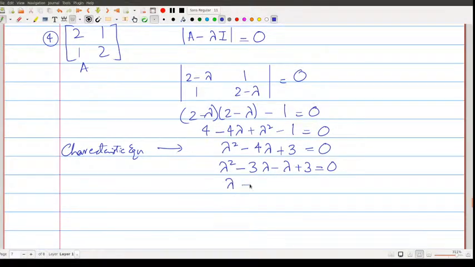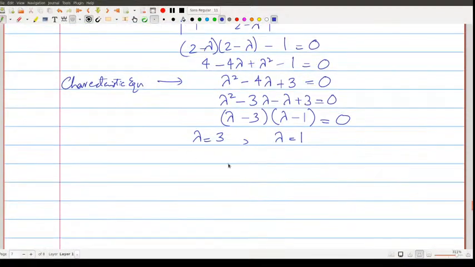I get factors (lambda minus 3) and (lambda minus 1), I believe that's the correct factorization. So I get 2 eigenvalues, lambda equals 3 and lambda equals 1. Okay, now that we have the eigenvalues, let's find the eigenvectors.